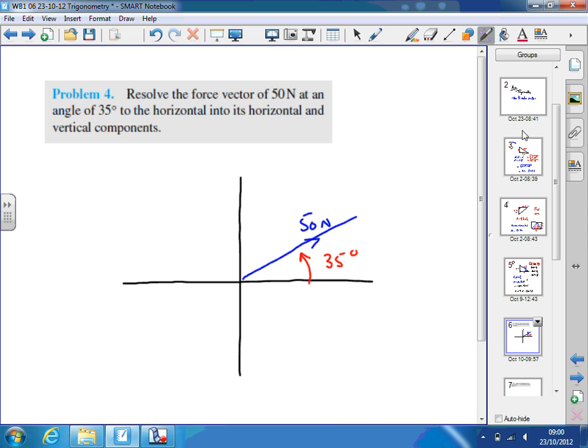We're going to use these ideas to resolve forces. Looking at this question, this is how we draw it. I know the 35 degrees is going to be there because we use this convention.